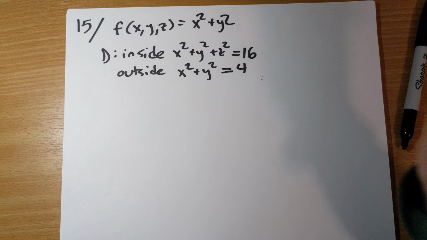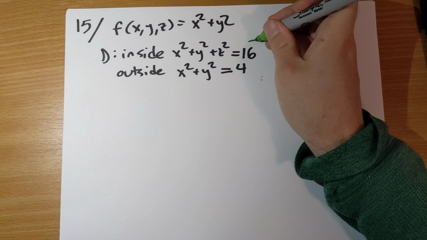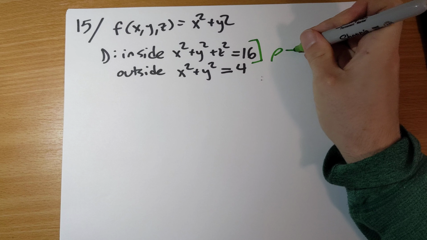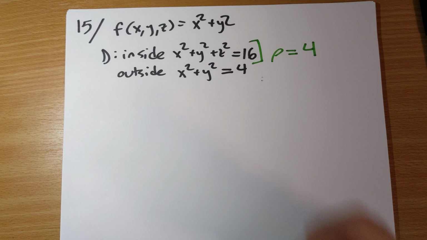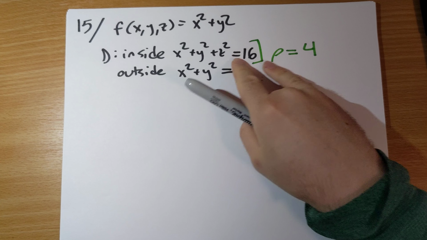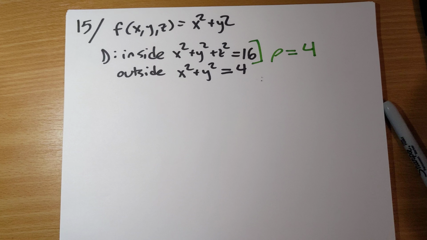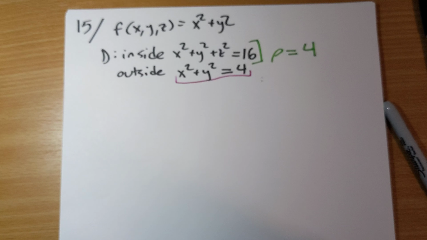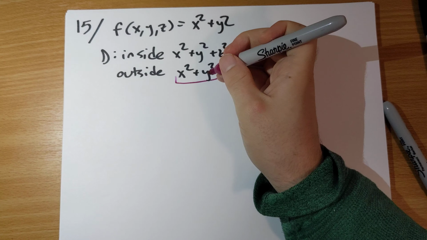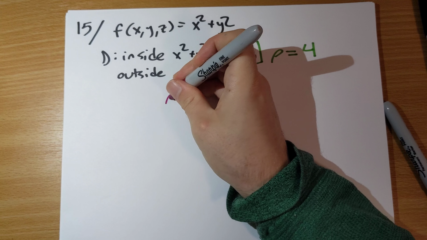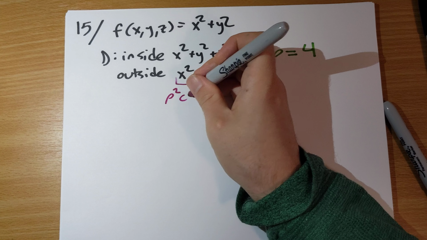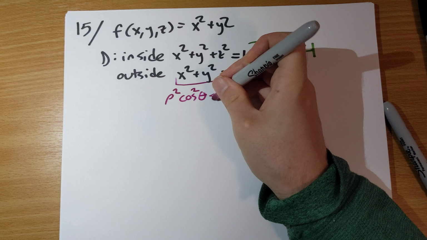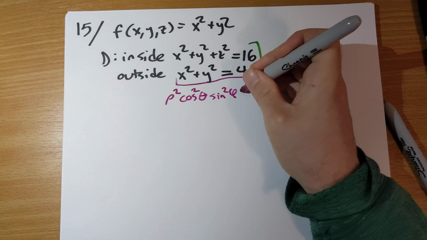Okay, so we want to change everything to spherical coordinates. This right here is going to be rho is equal to 4. So this is rho squared is equal to 16, so rho is equal to 4. Rewriting the cylinder in spherical coordinates: x squared is rho squared cosine squared theta sine squared phi.